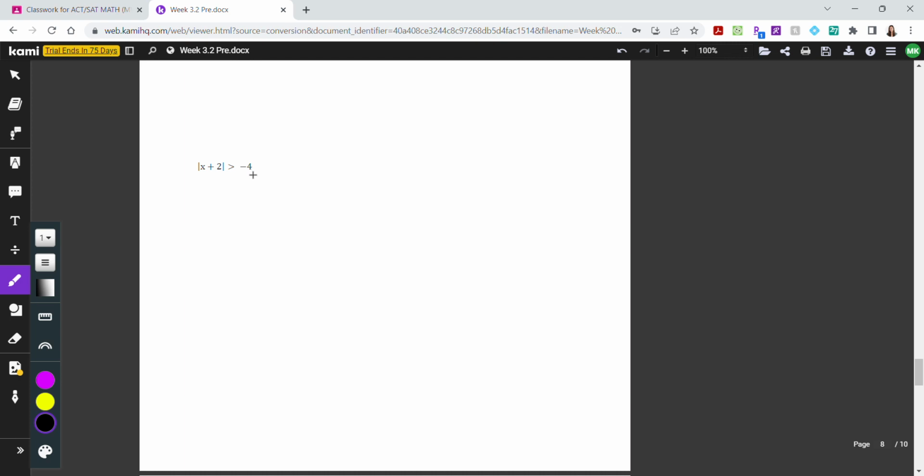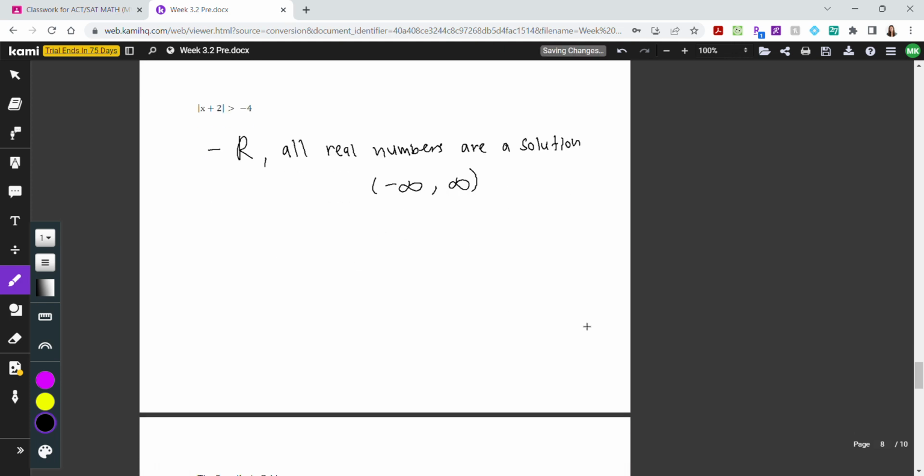So I know from here, surely, that my solution is going to be R. So all real numbers are a solution. And then how we could also write this as an interval notation is -infinity to positive infinity. All right. If you have any questions about all of this, bring it to your deep dive lesson.